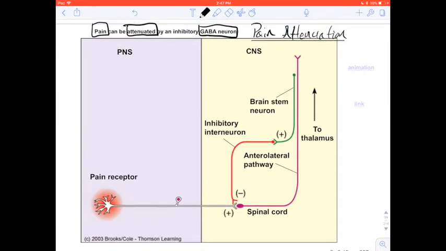And so here we have the skinned knee, and it activates this pain receptor. So again, this is our first order afferent neuron of the spinothalamic tract coming in. Again, where's it going to come in? It's going to come into the dorsal horn.